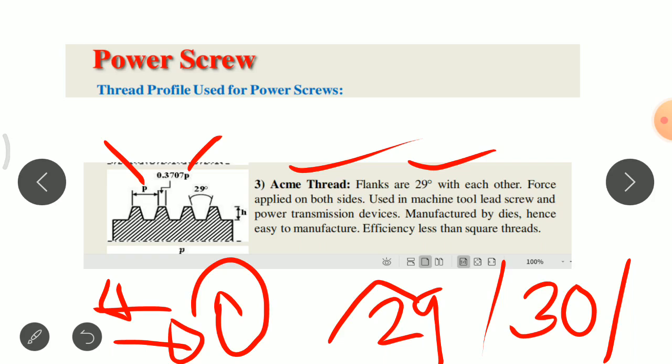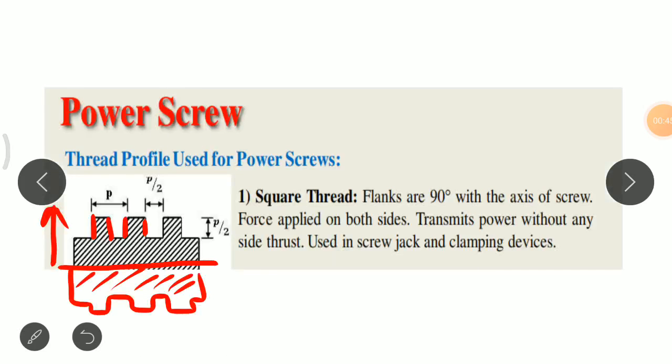From the manufacturing point of view, Acme threads are manufactured by dies, hence they are easy to manufacture, and have efficiency less than the square thread. As we discussed, one disadvantage of the square thread is that it cannot be used continuously with a split nut for wear compensation.